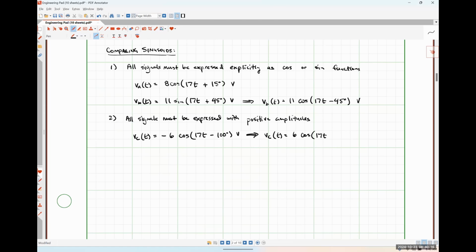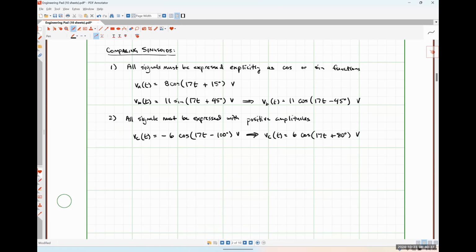I'm going to choose to add 180 degrees just so that this number is smaller. That's the only reason I'm doing it. I could have just as easily said that that was 6 cosine 17t minus 280 degrees, and it would literally represent the exact same thing. Okay.